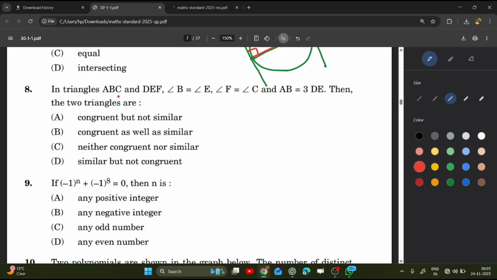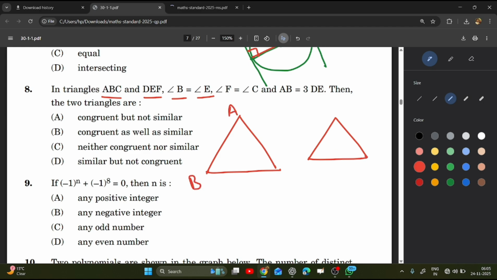Now here we have two triangles, A, B, C, D, E, F. Angle B is equal to angle E. Angle F is equal to angle C. And AB is equal to 3 DE.